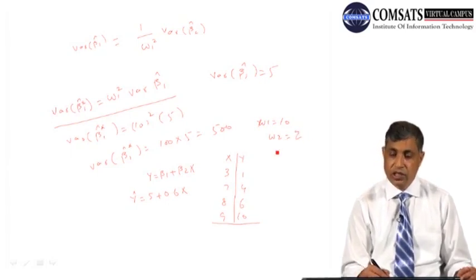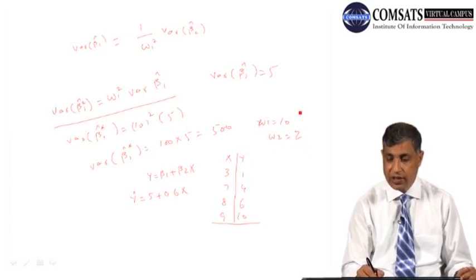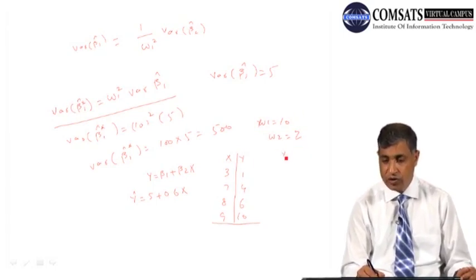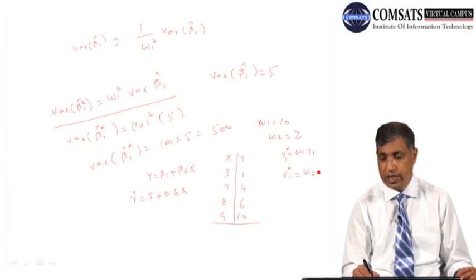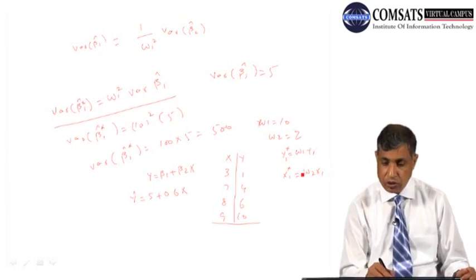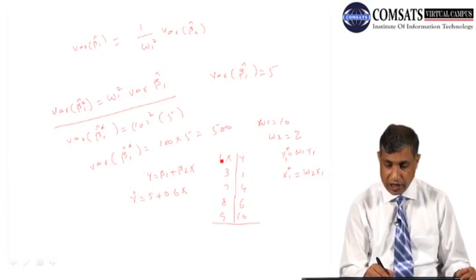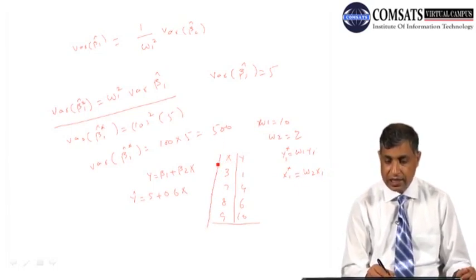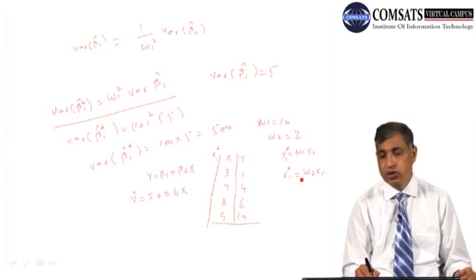So what he means is that you know that Y star will now be equal to W1 yi and the new variable X star i will be equal to W2 xi. So you have to now generate a new variable, that is xi star. And look at this, xi star is equal to W2 into xi.